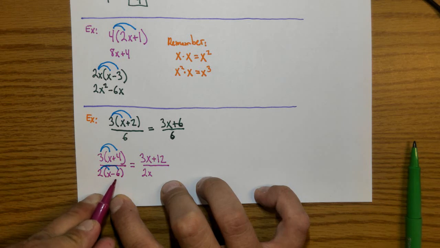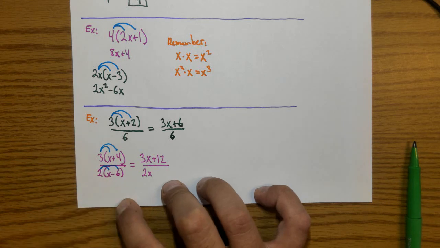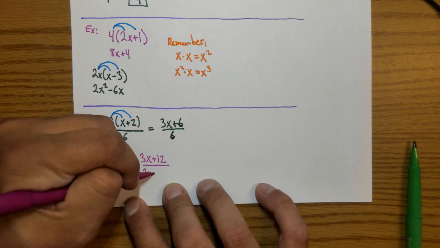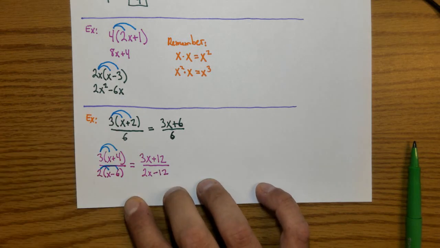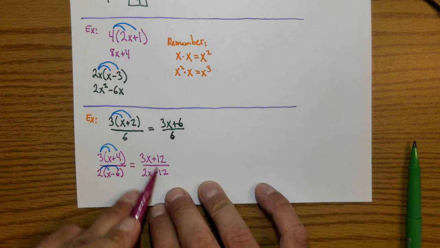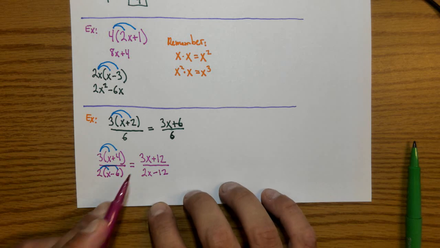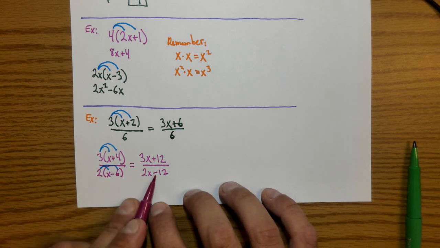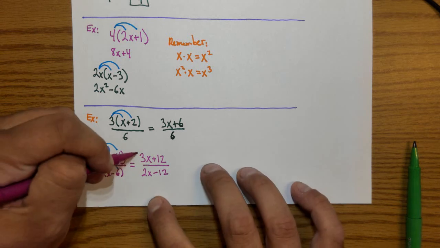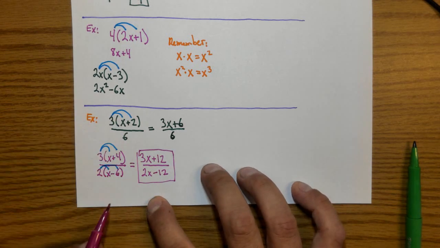It's going to turn our answer into a negative, because remember, positive times negative will give us a negative. 2 times negative 6 is negative 12, so we're going to write minus 12. Again, we see the same number pop up here, but because they're connected to other things by addition or subtraction, we can't cancel them out. So this is going to be our final answer, just like how this was our final answer.